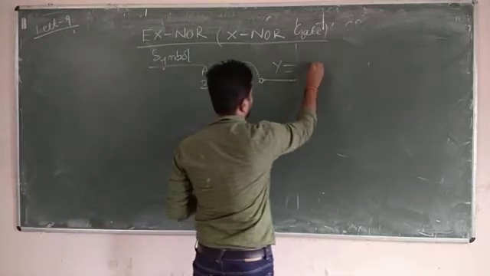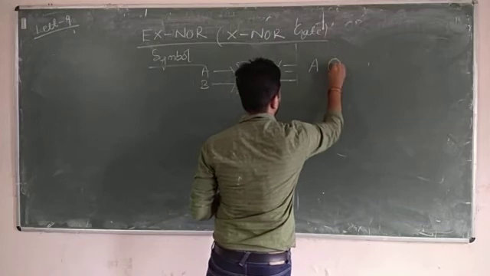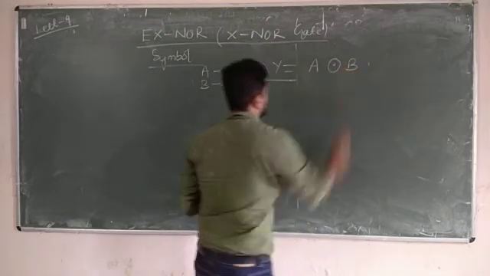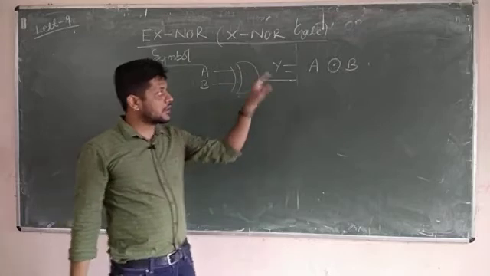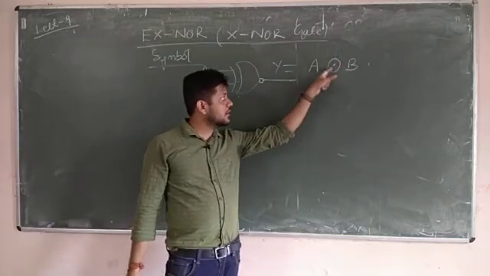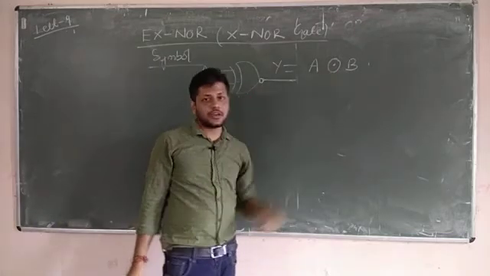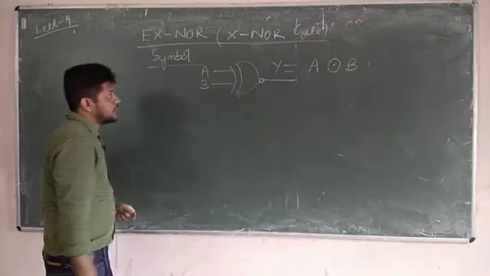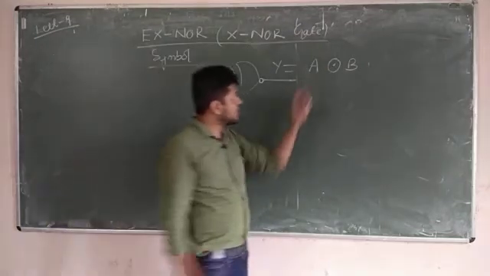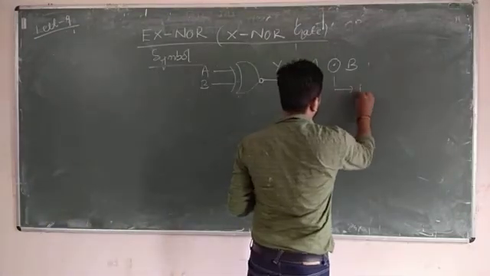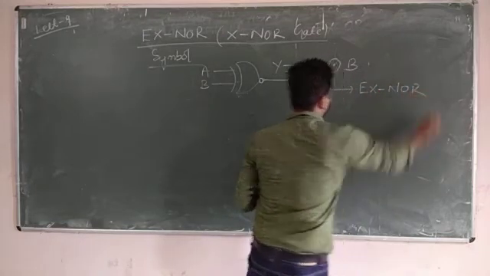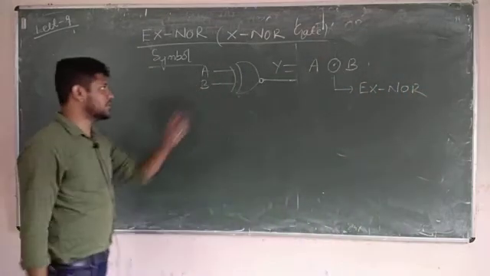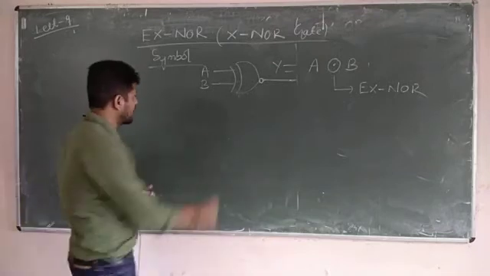Output here is denoted as A, in exclusive OR, plus surrounded with a circle, encircled by a circle. So this symbol denotes the exclusive NOR gate, XNOR. So this is how we denote the exclusive NOR gate.